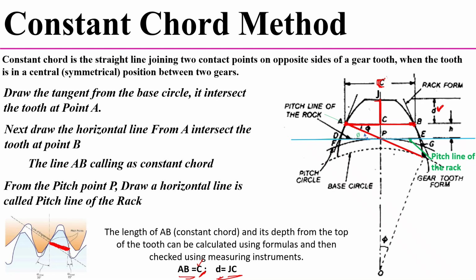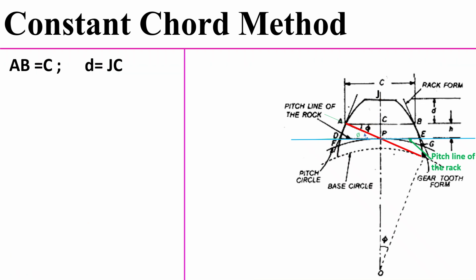Let's see the calculations. We have to determine AB, that is capital C, and small d, that is JC. From the figure, observe this is d. So d is equal to JC, and this JC can be written as JP minus PC.